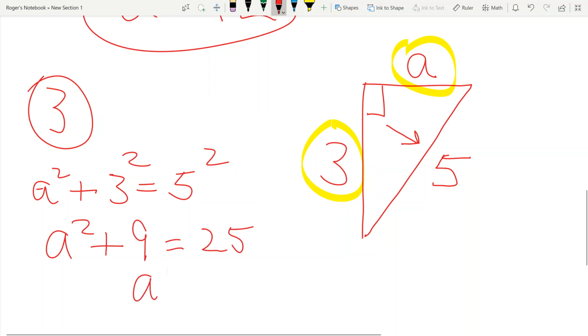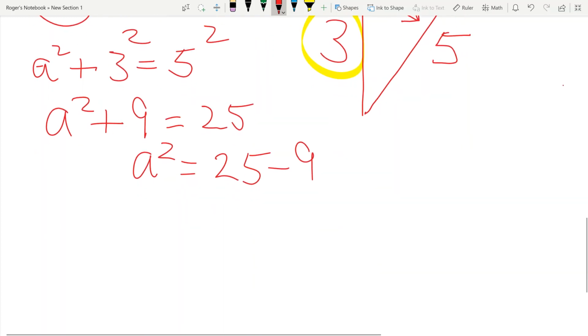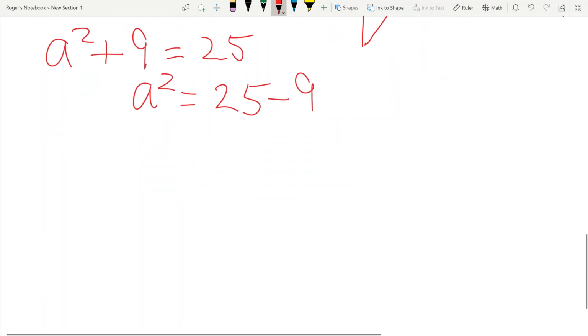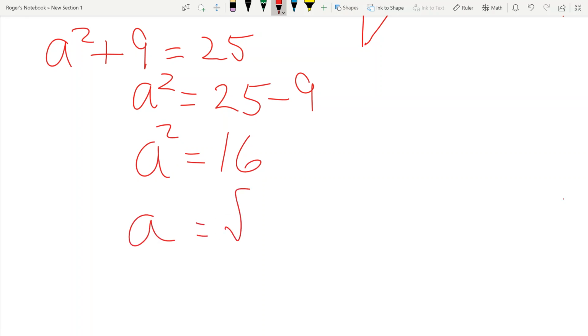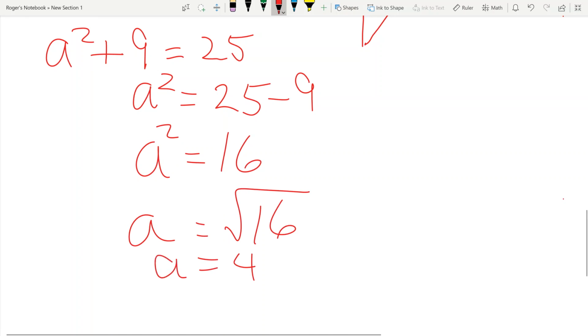So A squared is equal to 25 subtract 9. So A squared is equal to 16. So A is equal to the square root of 16, or 4. A equals 4. So here's your answer.